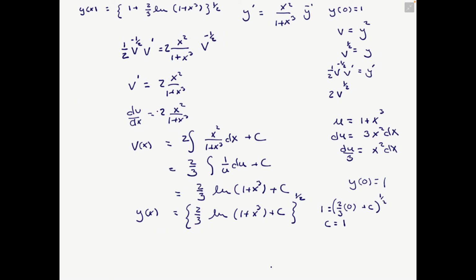So now we put that into the equation. We have 2/3 ln 1 plus x cubed plus 1 raised to the 1/2, and that is the solution.